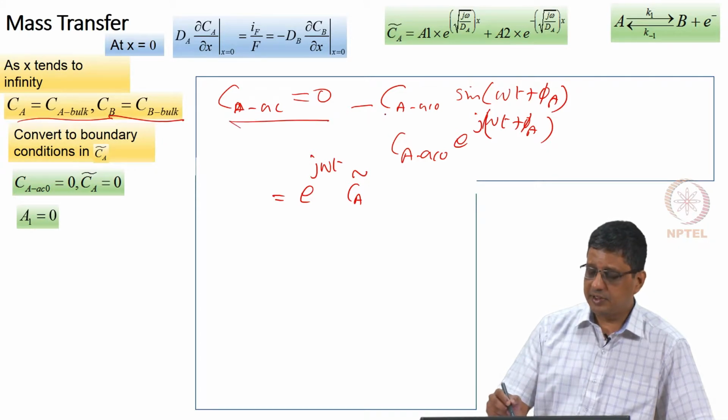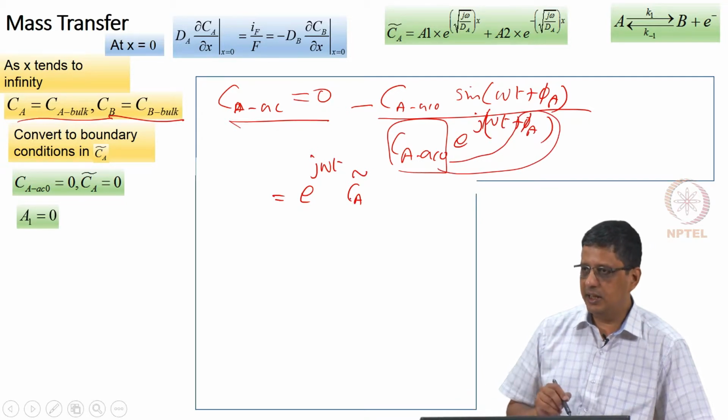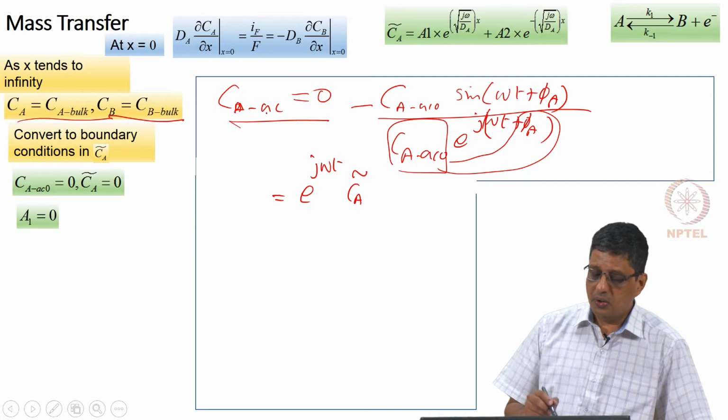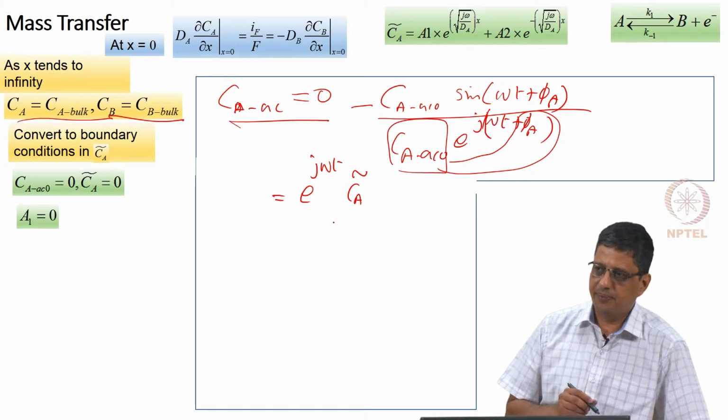We can write it in terms of sine. We can write in terms of e power j omega t plus phi A, but then we also know we have grouped this and e power j phi A as CA tilde. So, in the bulk there is no fluctuation, that means CA AC is 0, CA tilde is 0.